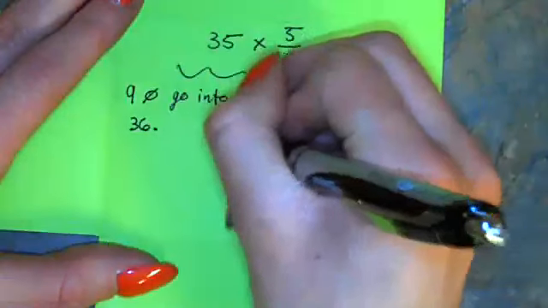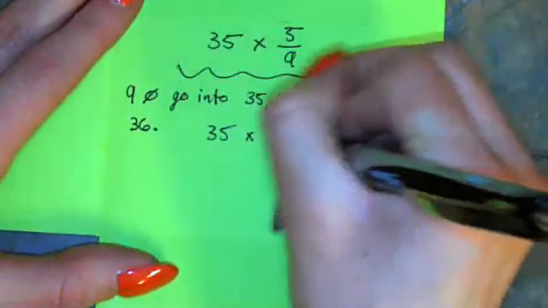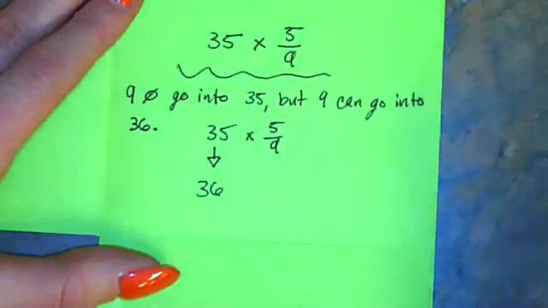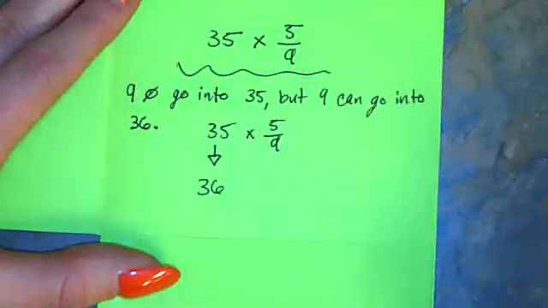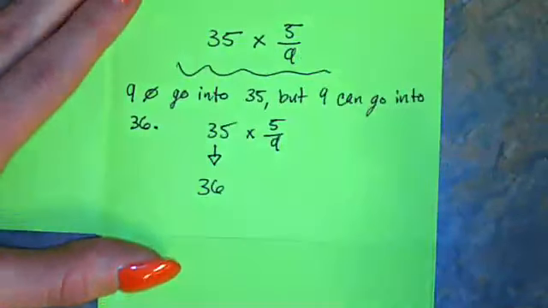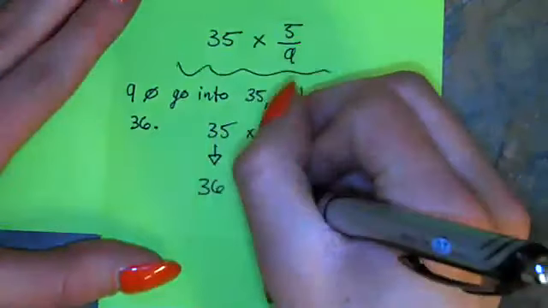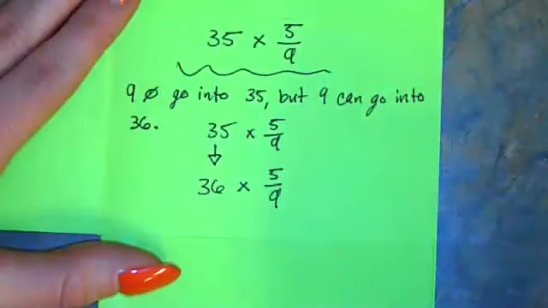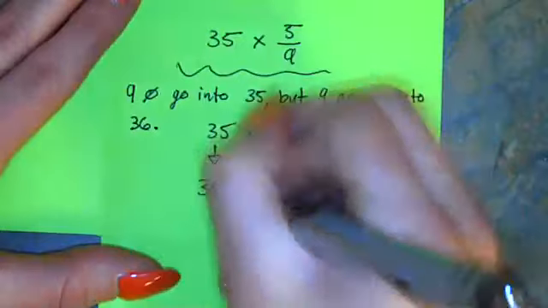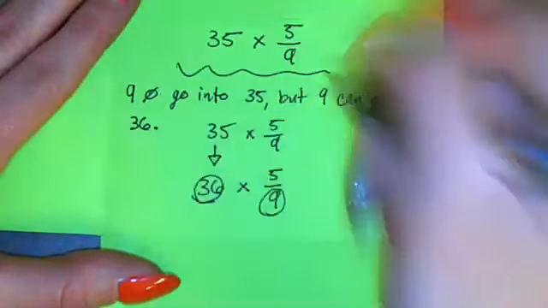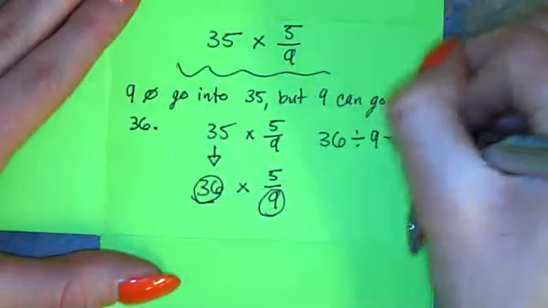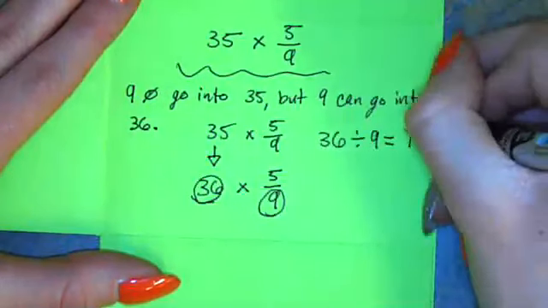So we have 35 times 5 over 9. We change our 35 into a 36 because remember, we're finding about, not the actual answer. We are estimating. Okay, we're making it simpler for us to solve. So now we have 36 times 5 over 9. All right, well then from here we circle our 9 and circle our 36. We do 36 divided by 9 equals 4, okay?